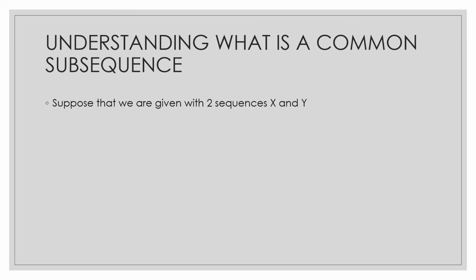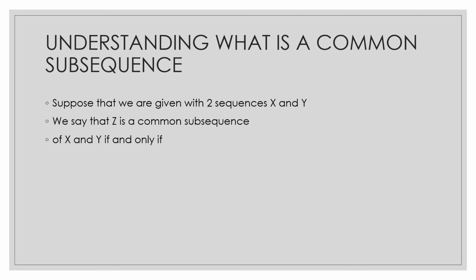Suppose we are given two sequences X and Y. We say Z is a common subsequence of X and Y if and only if Z is a subsequence of X and Z is a subsequence of Y. What I mean by this is that Z has characters which are common to both X and Y, noting that they appear in the same order.